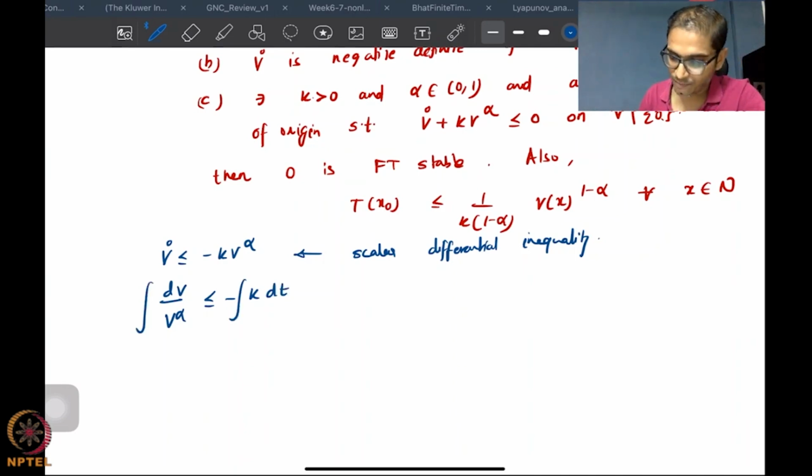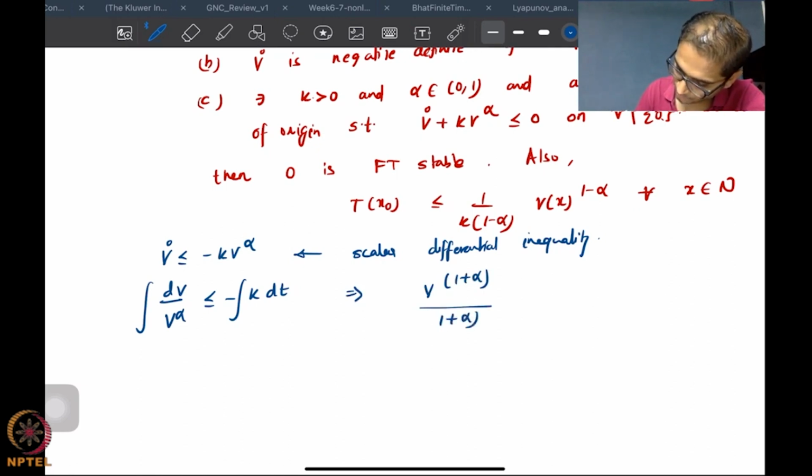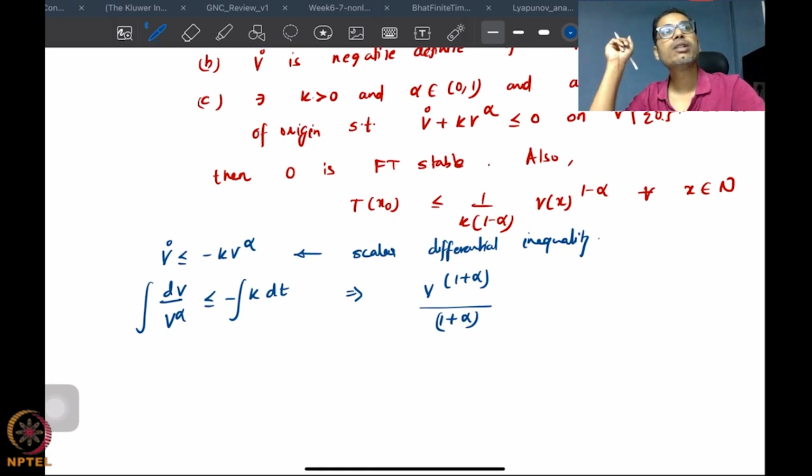And if you see, alpha is less than 1, right? So I will get something like V to the power 1 plus alpha, I guess, divided by 1 plus alpha. I'm just trying to see if I'm doing this right.